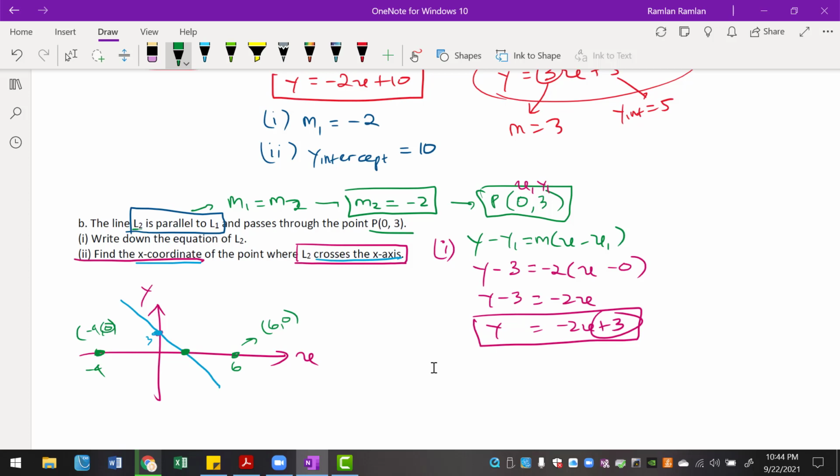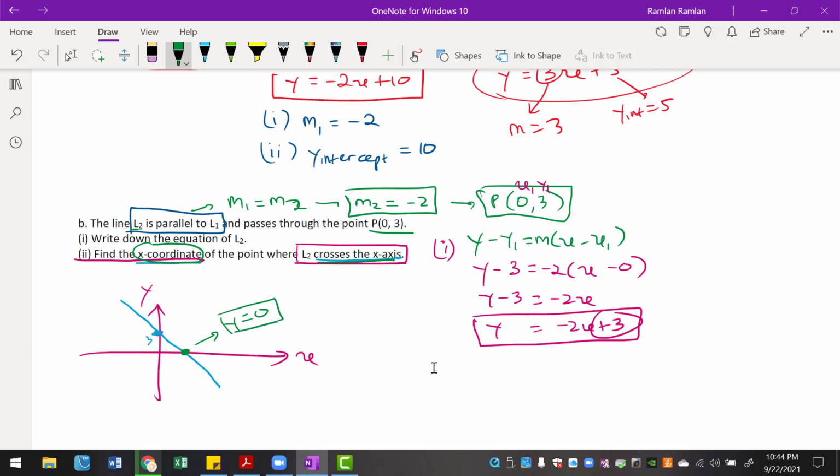Anytime you have a point on the x-axis, the y value is always going to be 0. So again, for this condition, because we want to find the x value when it crosses the x-axis, the y value will be equal to 0.